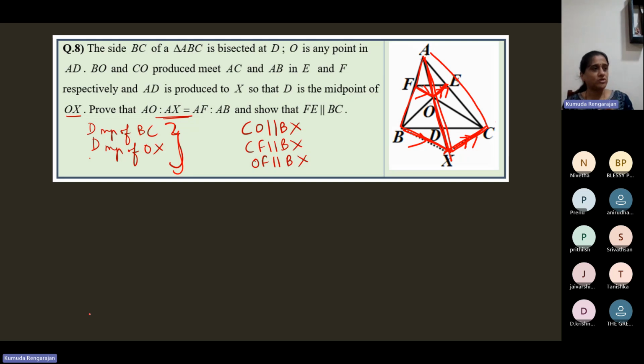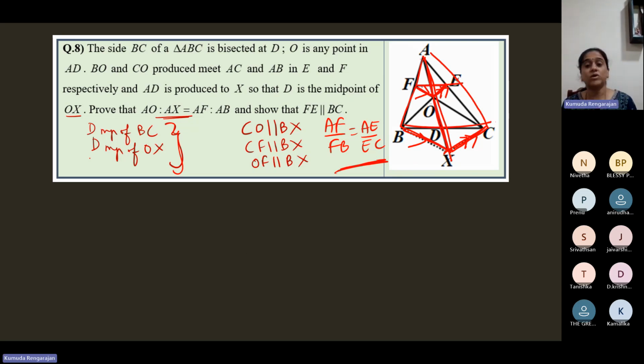So when you write the proportions using BPT, because you have a set of parallel lines in ABX and a set of parallel lines in ACX, when you compare, you will get AF by FB is equal to AE by EC. So by the converse of BPT, FE is parallel to BC.